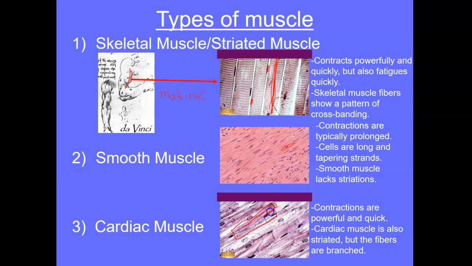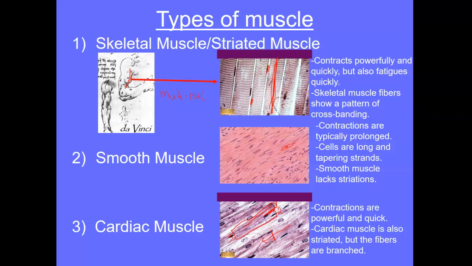It branches off so that you have side 1, side 2, and side 3. At these branch points, you'll see these dark lines here. These are called intercalated discs. The intercalated discs actually have little holes in them that allow the electricity to flow from one cell to the next. We'll talk a little bit about how that electricity flow happens.